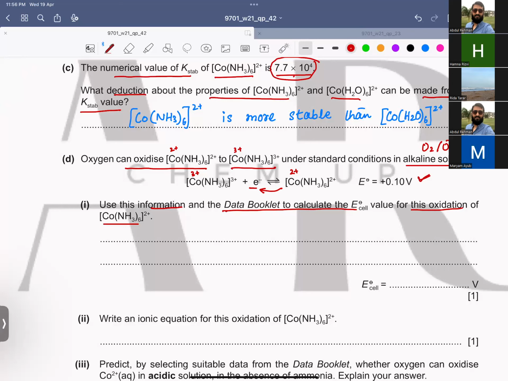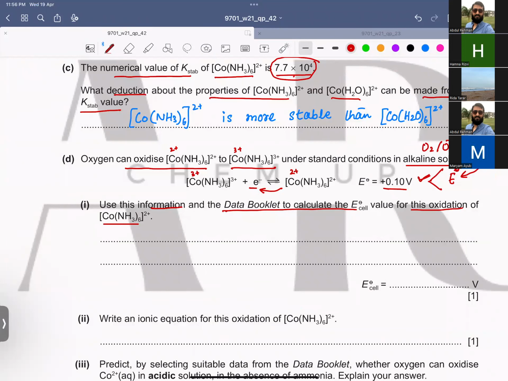If it undergoes reduction, then its E naught must be greater than this E naught value. Is this point understandable to everyone?